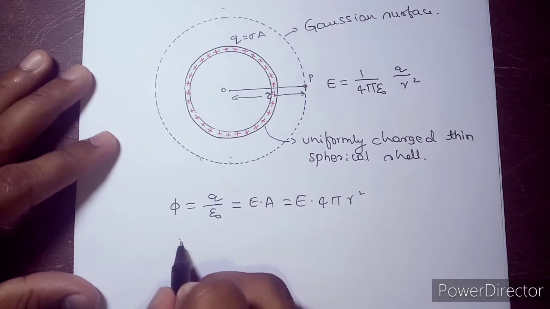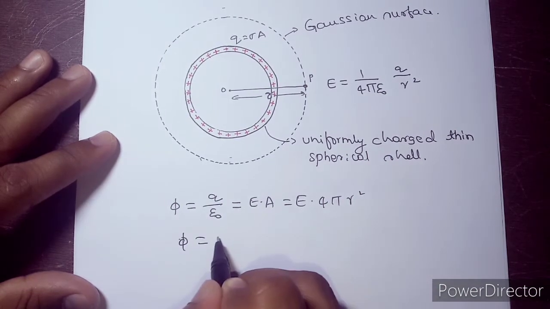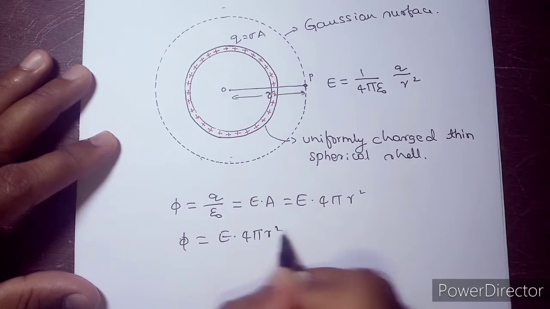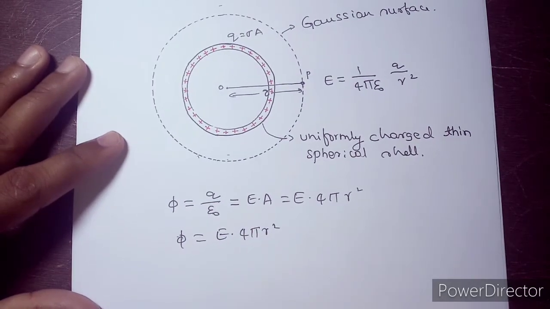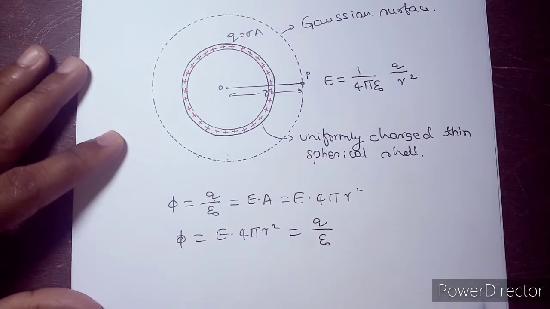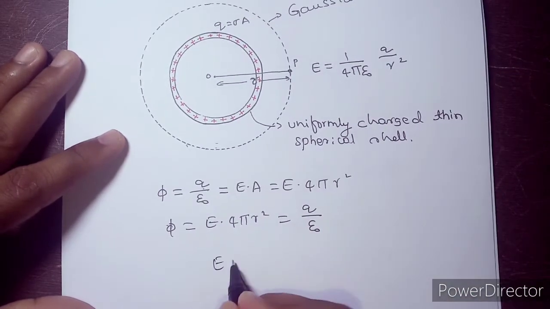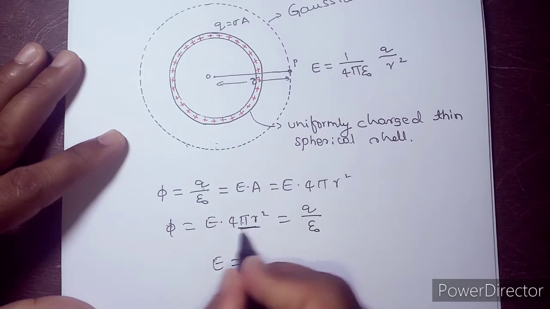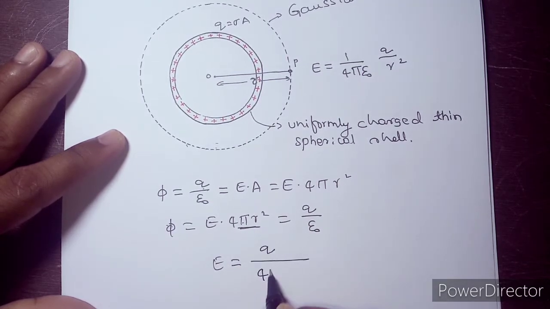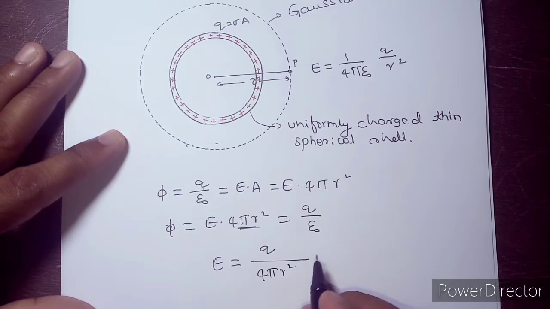So we will get phi is equal to E into 4 pi r square, and that is equal to Q by epsilon naught. Same thing I am writing again. So E is equal to what? The 4 pi r square will go down, so we will get Q by 4 pi epsilon naught r square.